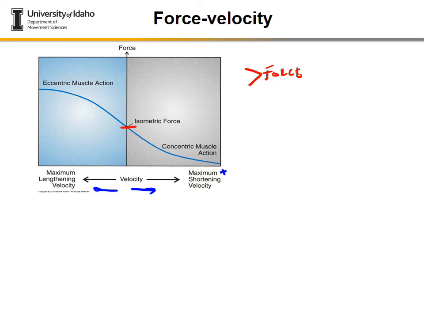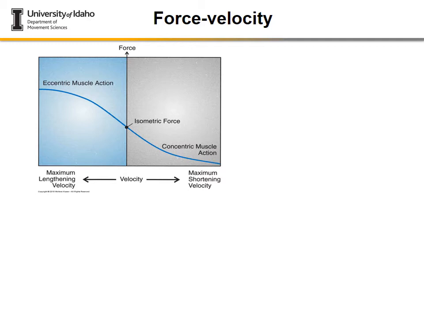If we just talked about the isometric contraction, and we said that there's the maximum number of interactions between myosin and actin, well, if I increase the velocity, that means fewer and fewer of these actin and myosin are going to be interacting with each other, generating force.